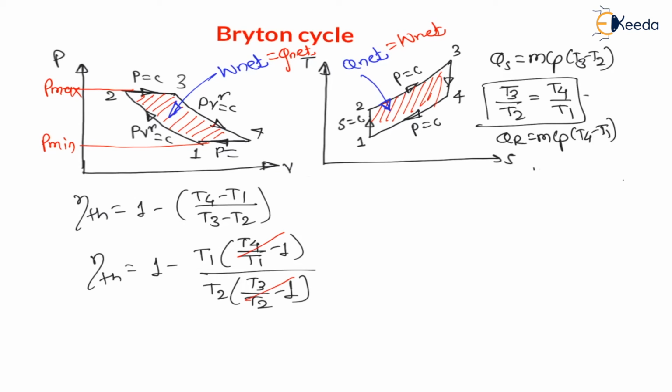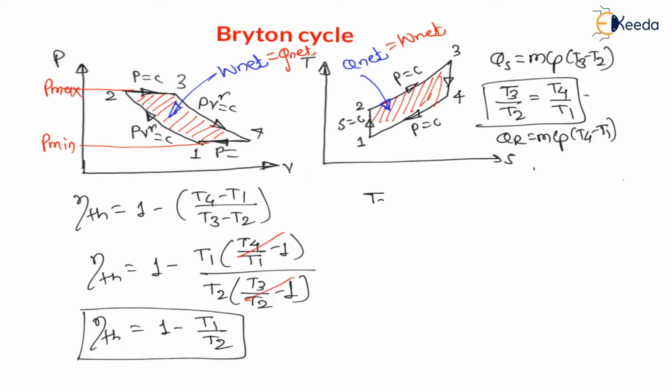The efficiency of the cycle becomes equal to, theoretical efficiency is equal to 1 minus T1 divided by T2. And my dear students, for T1 divided by T2, this process is reversible adiabatic compression, that we have already seen. Whenever I write T2 divided by T1, it is nothing but (P2 divided by P1) raised to (gamma minus 1) upon gamma, equation number 1, which is equal to (V1 divided by V2) raised to gamma minus 1.